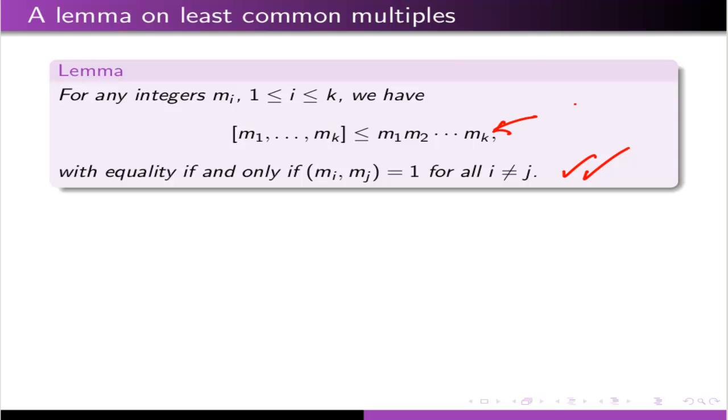This is a trivial inequality. Why is that? Well, the product of the moduli is clearly a common multiple, and this is the least common multiple, so it's smaller than any other common multiple. That's just definition. Okay, proof.